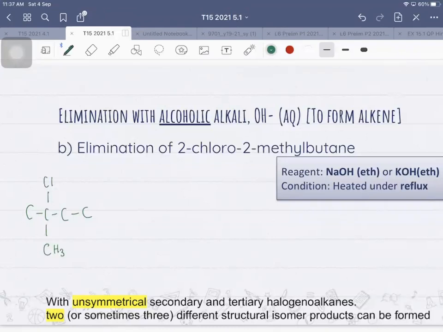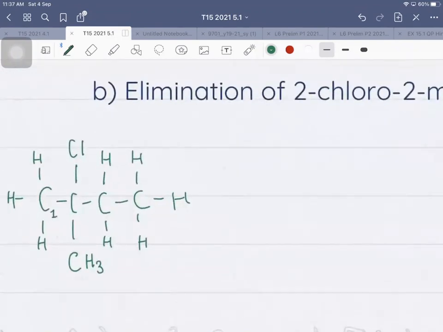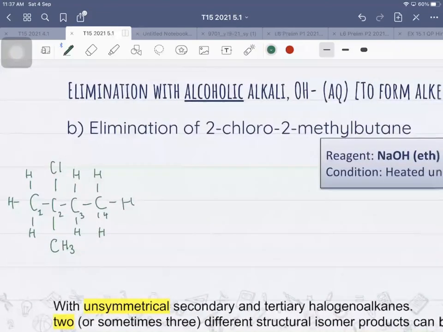Okay, or you can draw out the CH3, no problem. I would number the carbons 1, 2, 3, 4. Okay, so I will lose my chlorine from carbon number 2. So I now have a choice to lose hydrogen from carbon 1 or hydrogen from carbon 3.